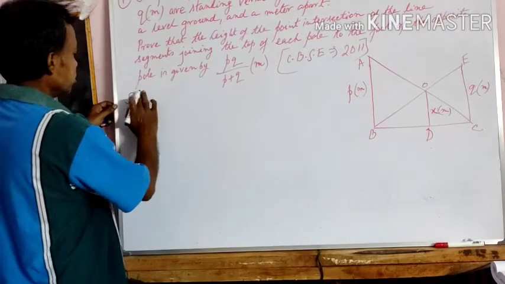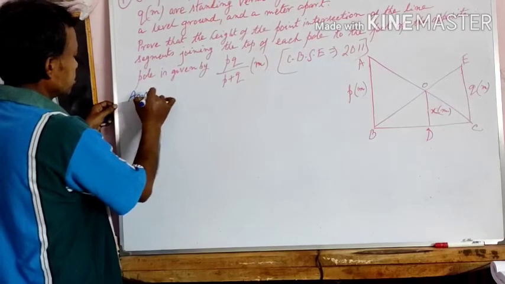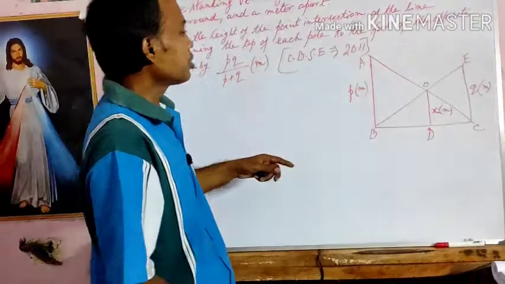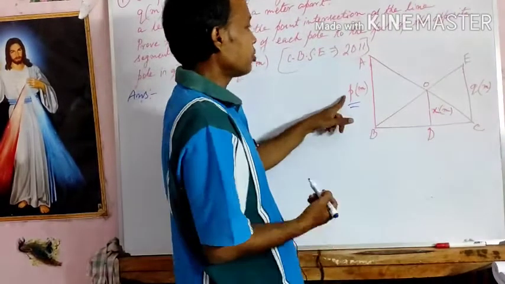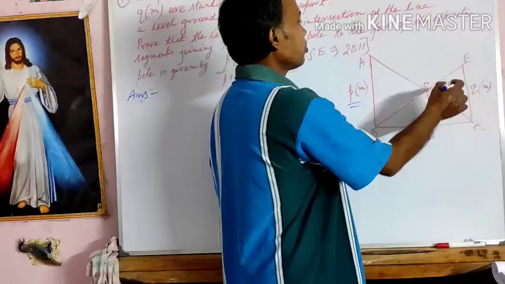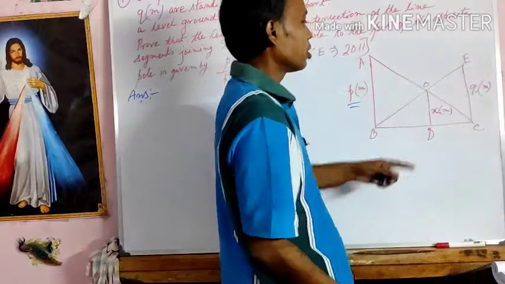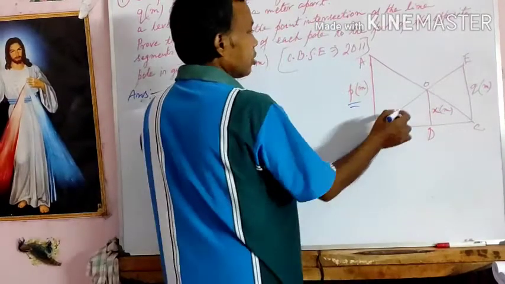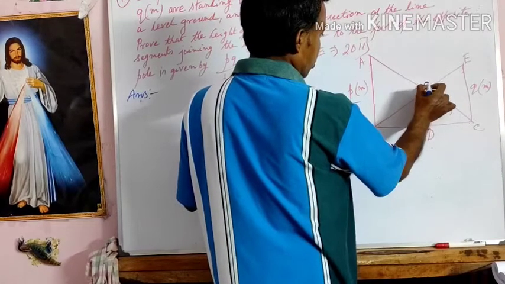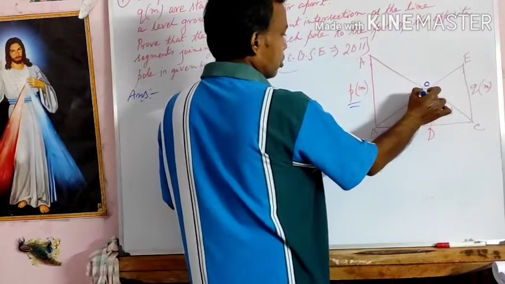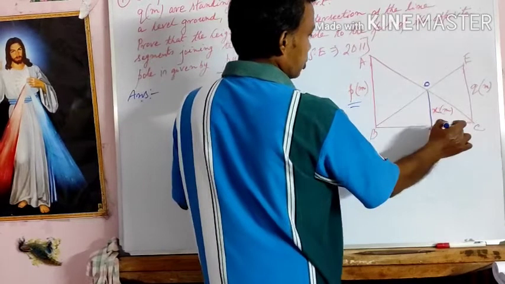Solution of this question. Suppose this is one pole AB, height of the pole is equal to P meters, and another pole EC, height of the pole is equal to Q meters, given, and the point of intersection is O. Draw a perpendicular line DO to BC.